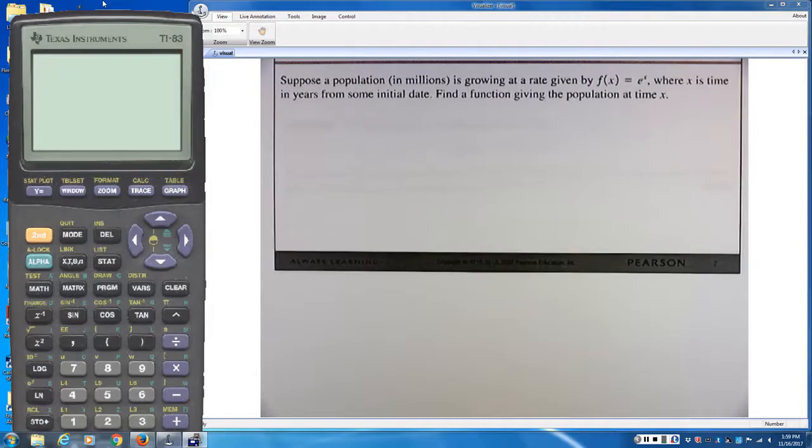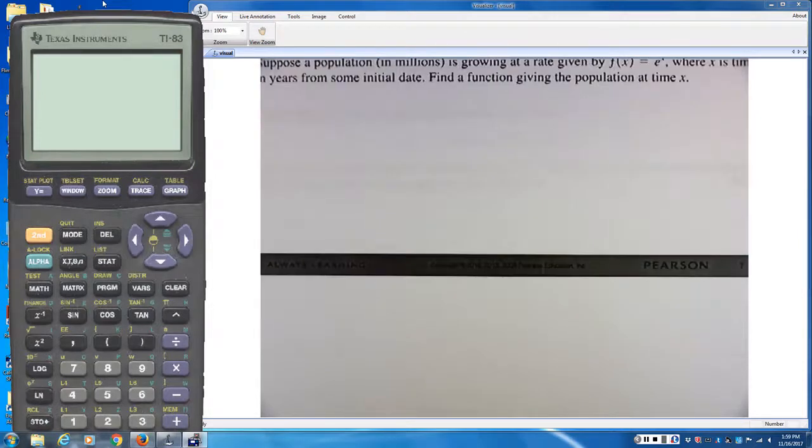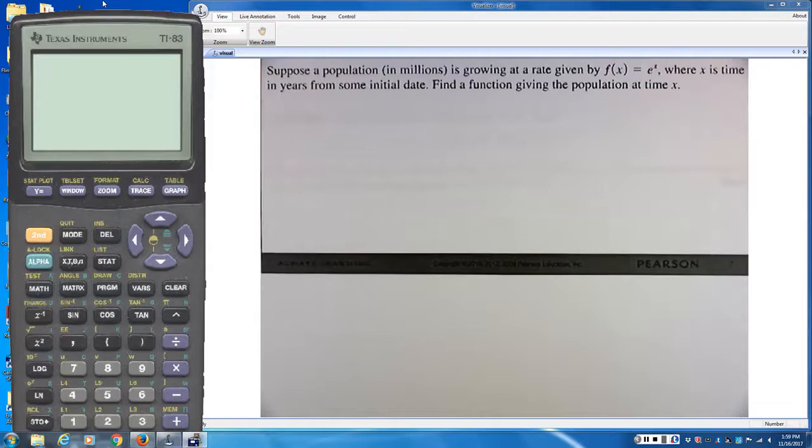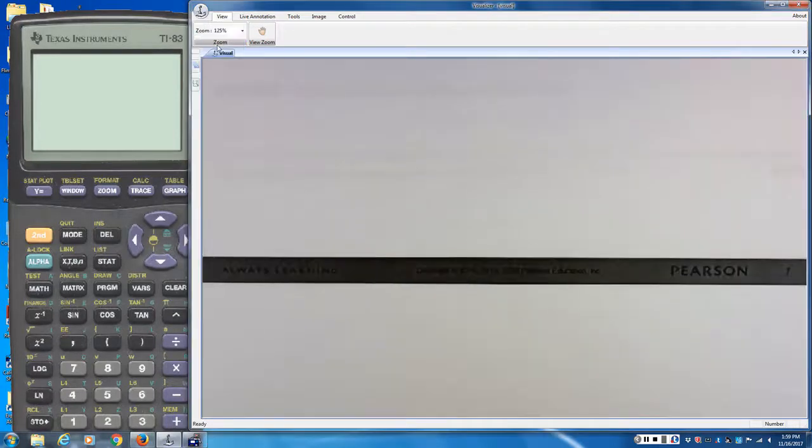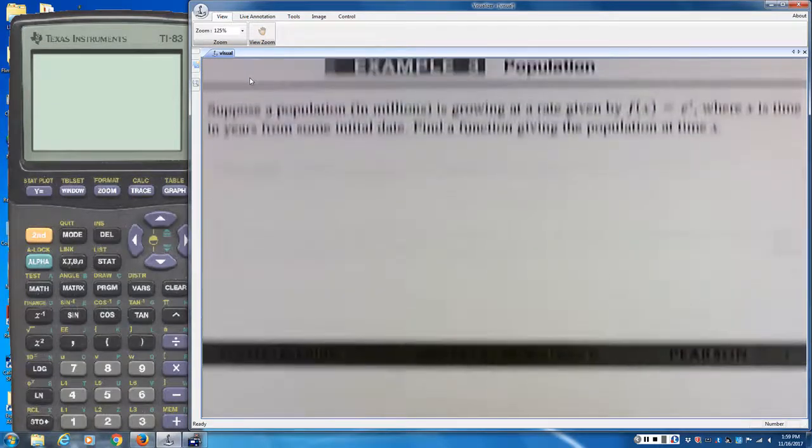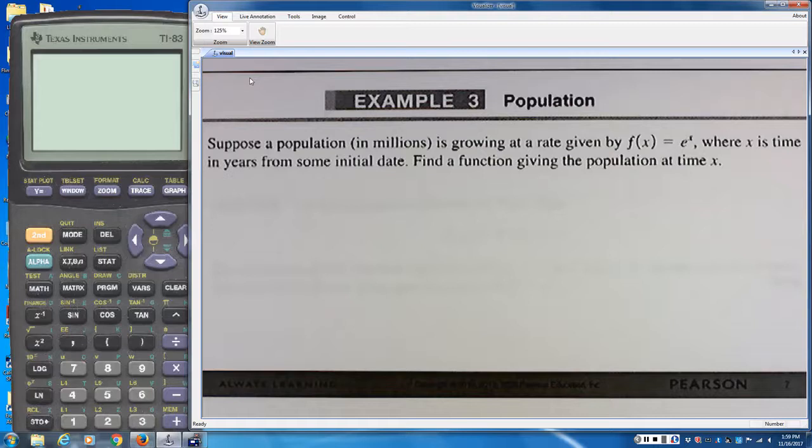So here's an application problem. Actually, I'm going to try to do this a little differently. Suppose population in millions is growing at a rate given by f of x equals e raised to the x power, where x is the time in years from some initial date.